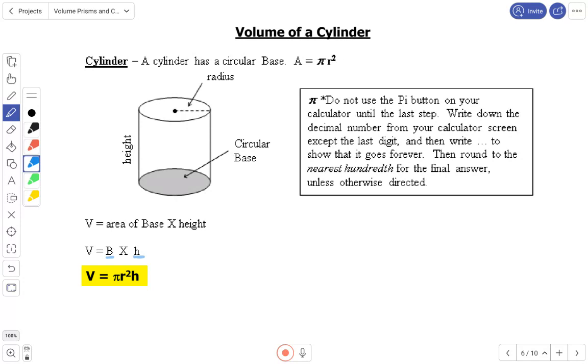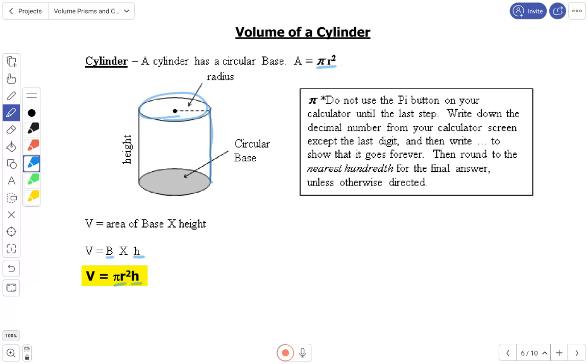So if you remember from last year, if I have a circle as my base, the formula to find the area of a circle is pi r squared. So this right here is finding the area of the base shape. Now I'm going to multiply it by the height of my cylinder, and that will give you the volume.